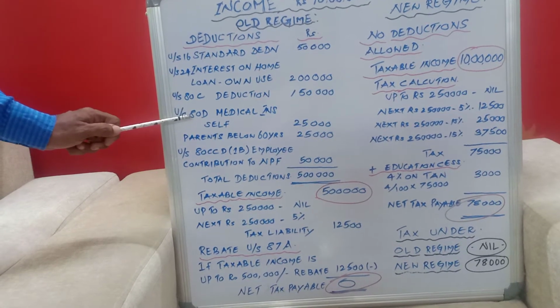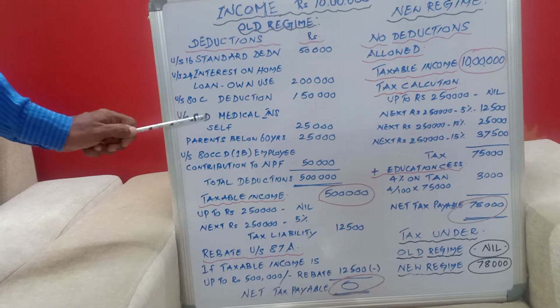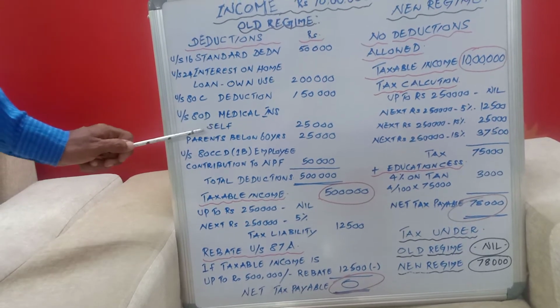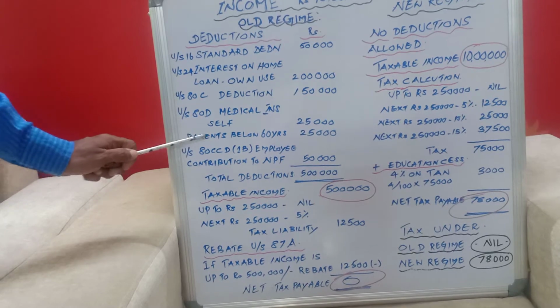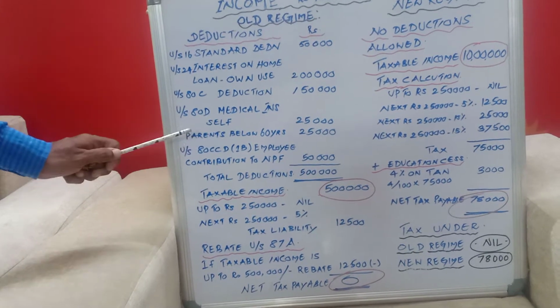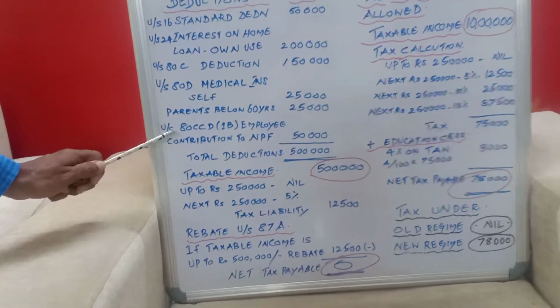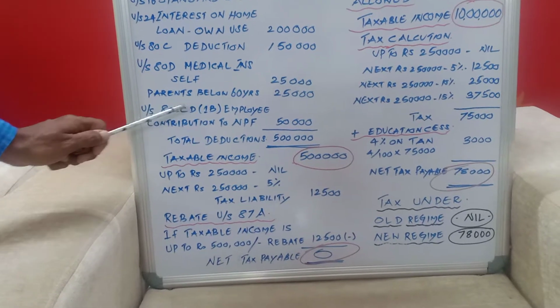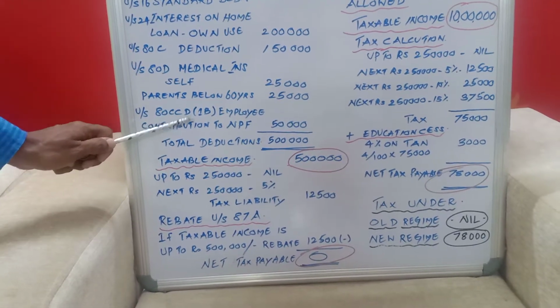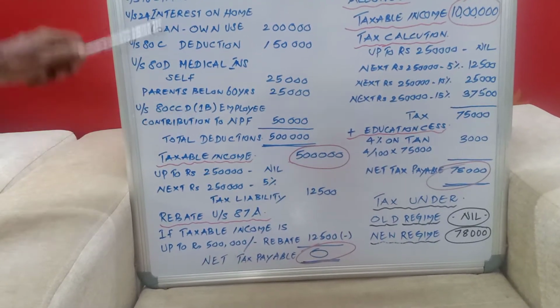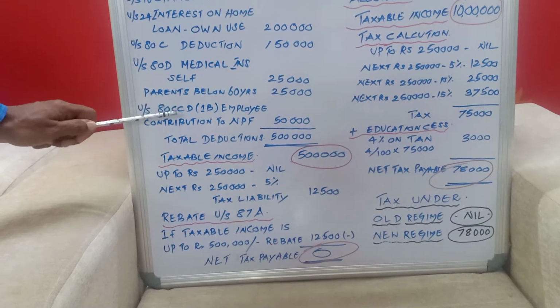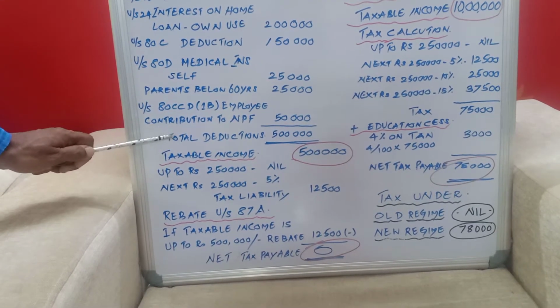Under section 80D, medical insurance claim for self 25,000, for parents below 60 years 25,000 maximum. Under section 80CCD 1B, employee's contribution to National Pension Fund 50,000. So his total deductions amount to 5 lakhs.